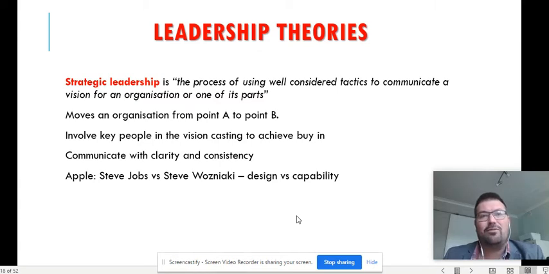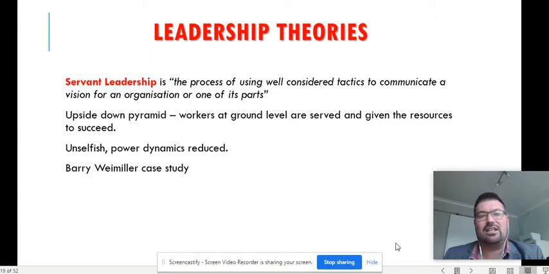If Wozniacki had his way, they would have functionality that was okay, but that would be able to do incredible things. But ultimately, that was not the strategy. So Steve Jobs took over. He's a great communicator. Everyone knows what he's looking for, and that design always won. And so that was strategic leadership from Steve Jobs' side in Apple. All right, so that's strategic leadership.